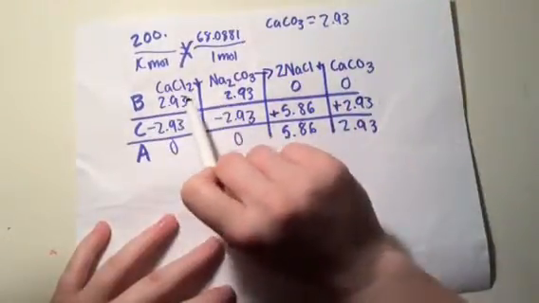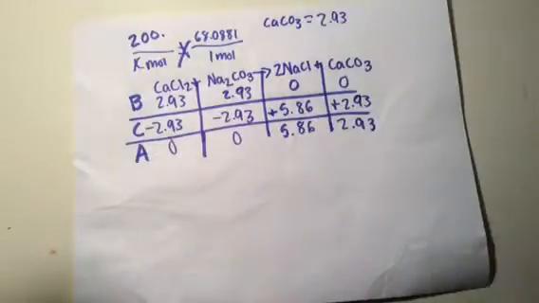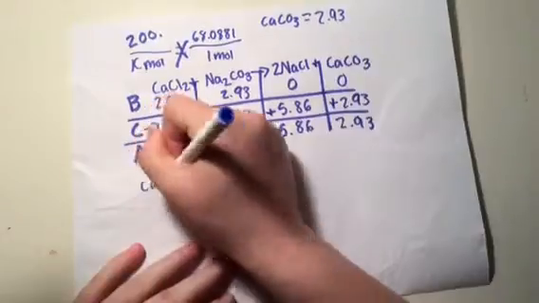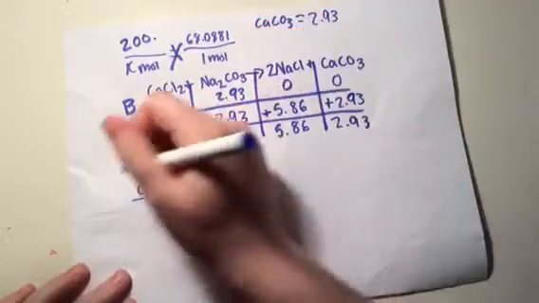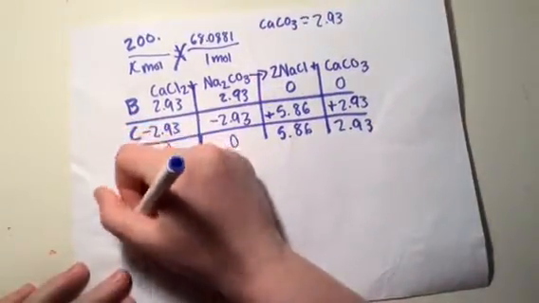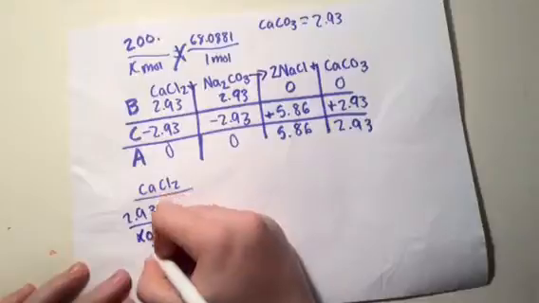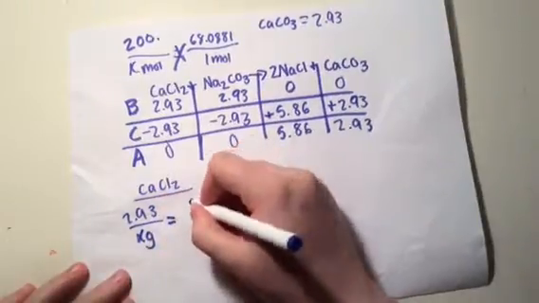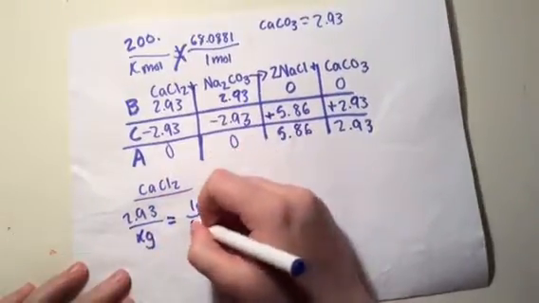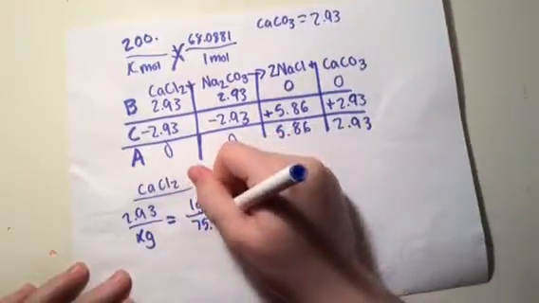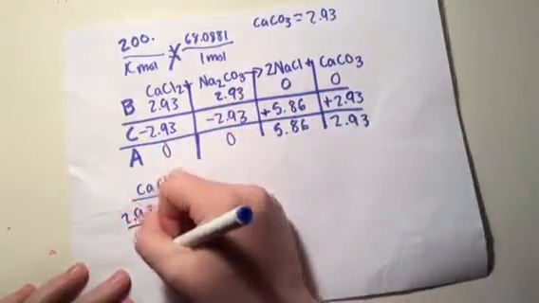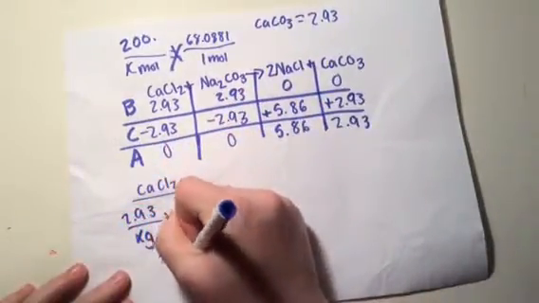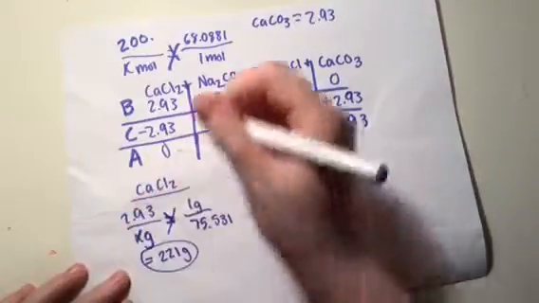So now that we got these two, we have to convert them back to grams so we know how much we need of each. So you have to do 2 more equations. So let's do that first. So you do 2.93 over x grams equals 1 gram over 75.531. So you do the cross multiplication to get 221 grams. So that's how many of this we have.